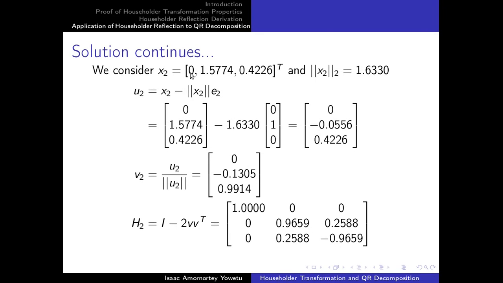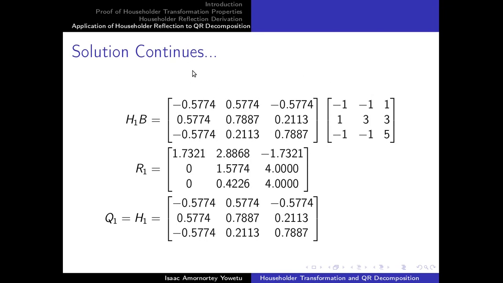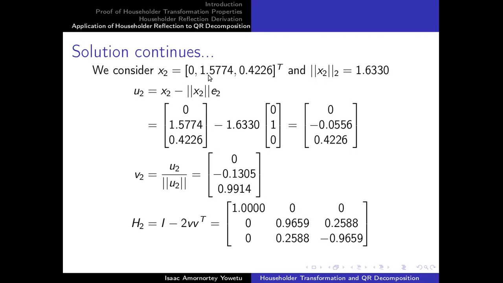In place of 2.8868, we have 0 here, and then the rest. So the transpose of it, and then we find the norm of it, which gives us this scalar that we have here. To obtain our u2, we have seen this expression here, we just substitute, and then eventually we get this very vector that we have here.